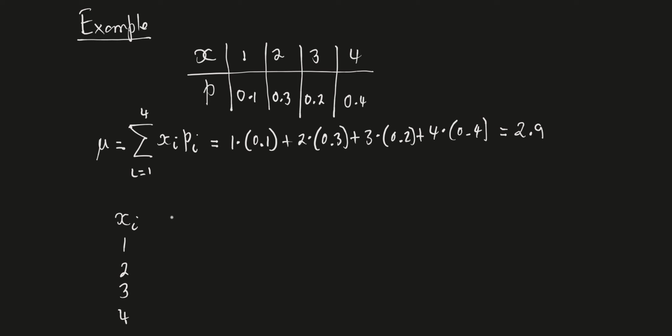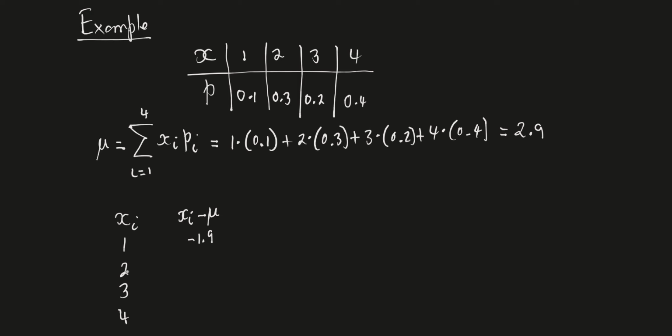But the next thing I have to do, when you look back at the formula, is take the difference between each possible x and the mean that we just computed. So to fill out this first column, I have to take each x value here, 1 through 4, and subtract the 2.9. So if I take 1 minus 2.9, I'm going to get negative 1.9.